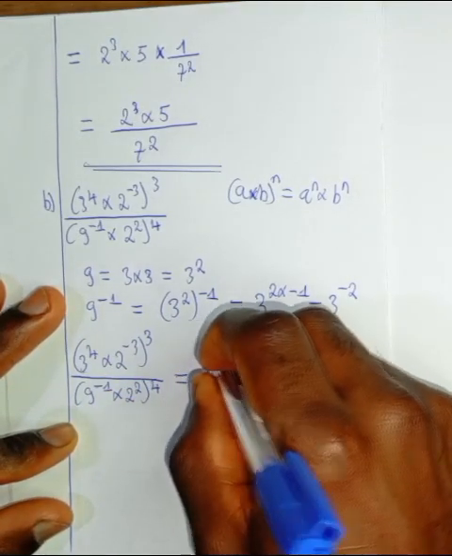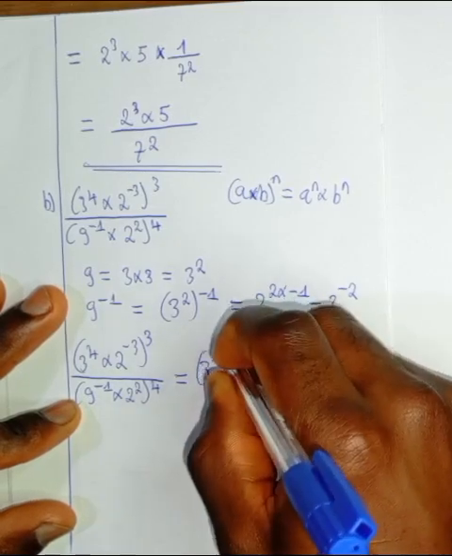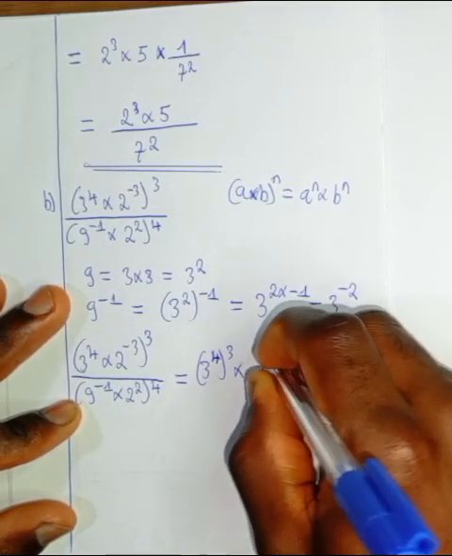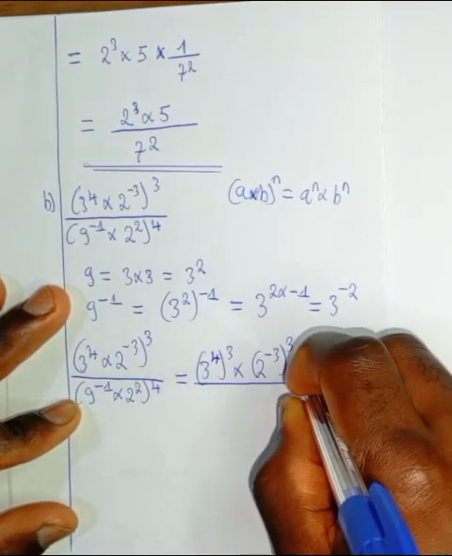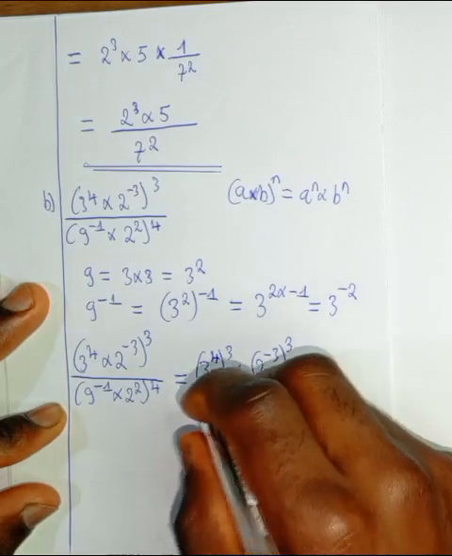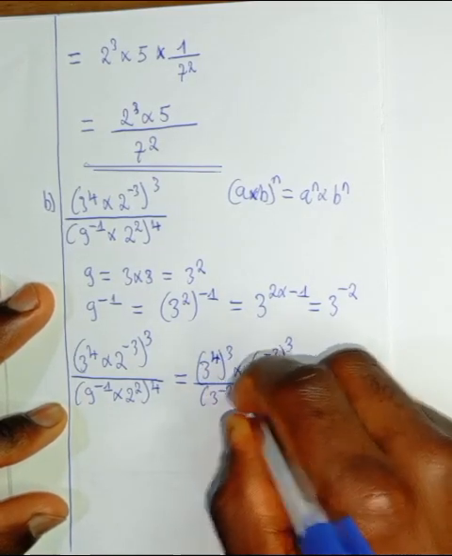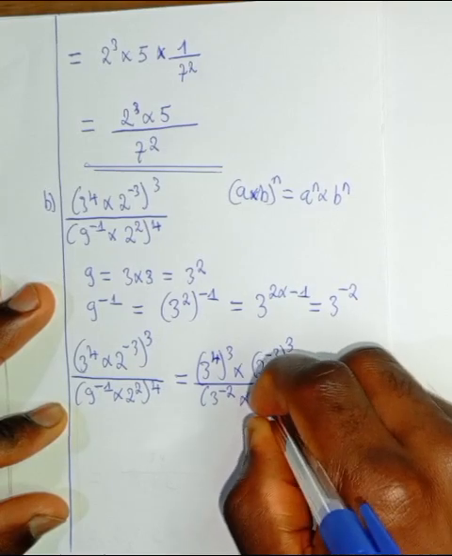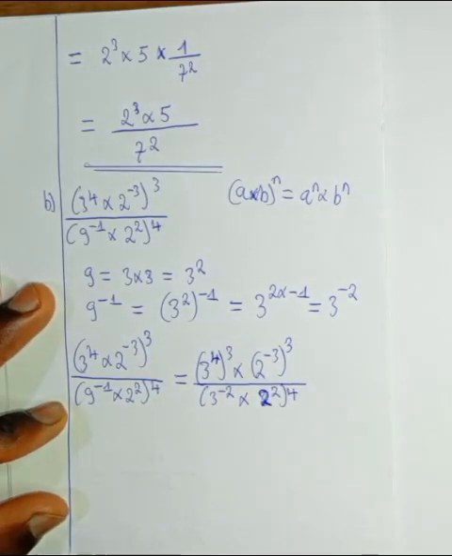This will give us 3 raised to the power 4, all this cubed, times 2 raised to the power negative 3, all this cubed, all over, we know 9 raised to the power negative 1 is simply 3 raised to the power negative 2, 3 raised to the power negative 2 times 3 times 2 raised to the power 2, all this raised to the fourth power.